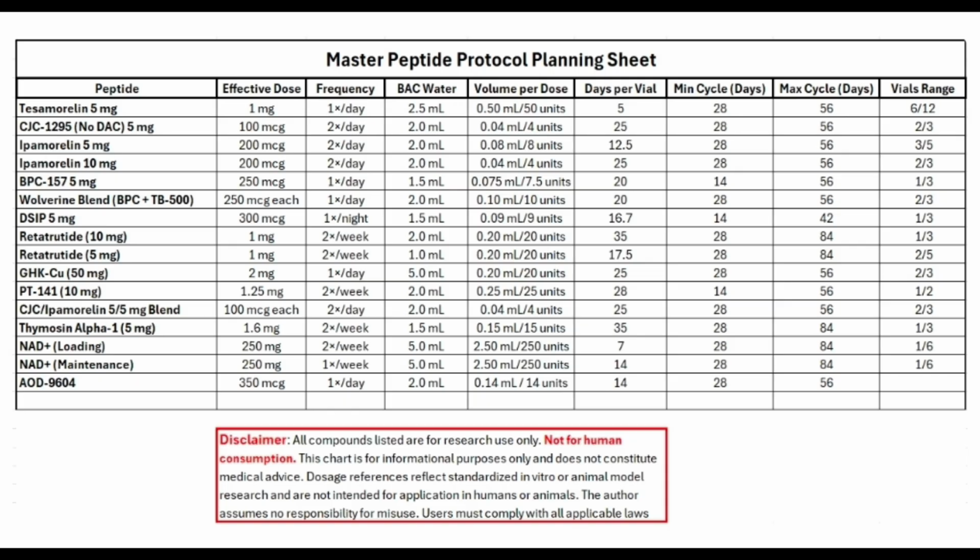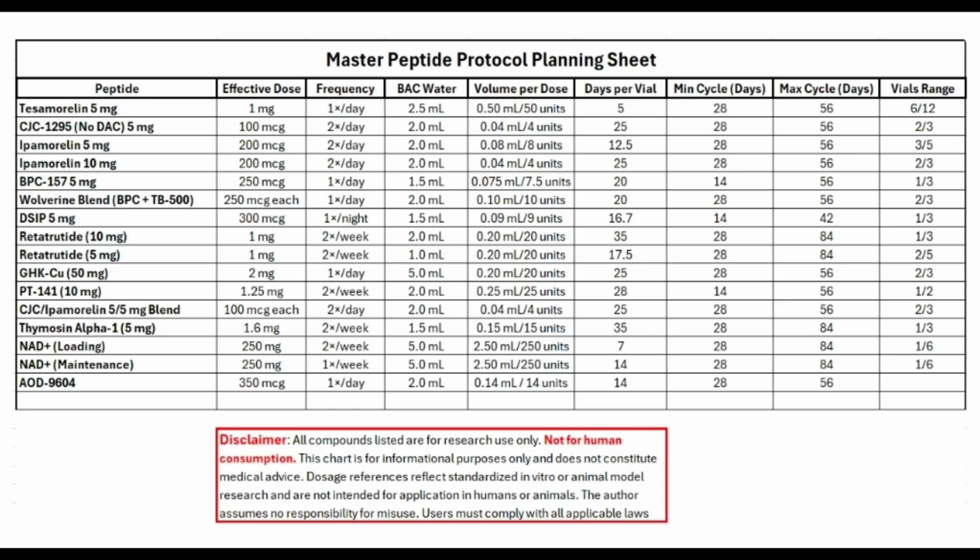I've seen people get amazing results on 1 milligram. 1 milligram, that's it. Amazing results. 1 milligram per day. The frequency is 1 time per day. And the amount of backwater that you want in 5 milligrams of Tesamorelin is a minimum of 2.5 mLs of backwater. That concentration is pretty good.